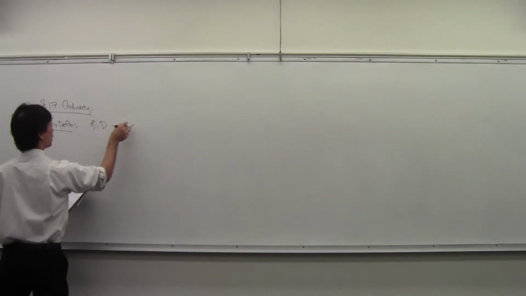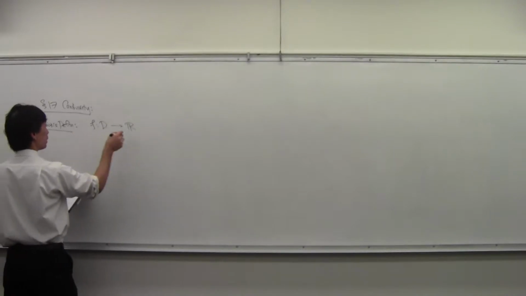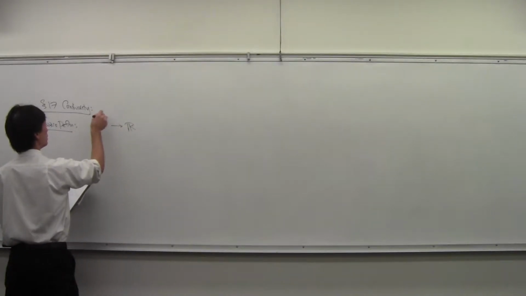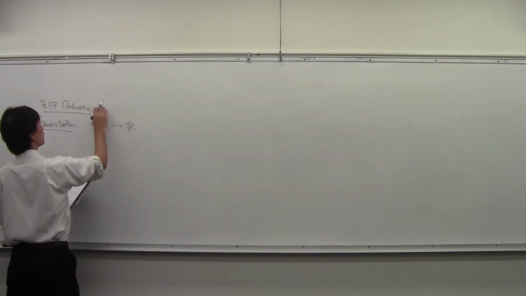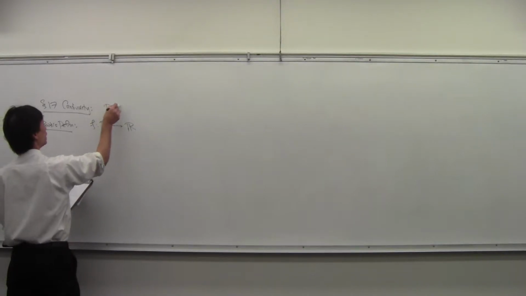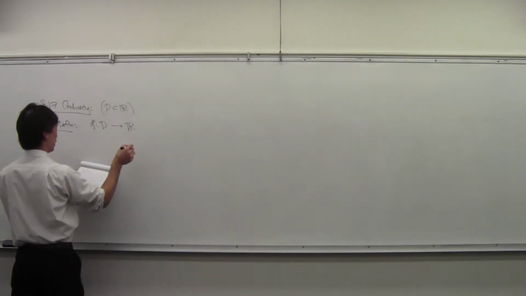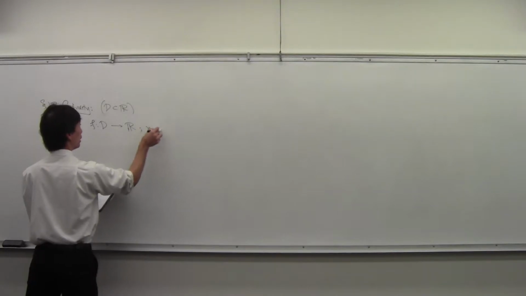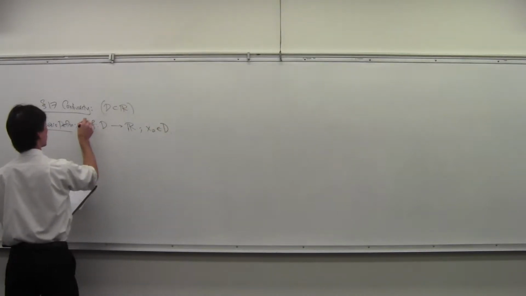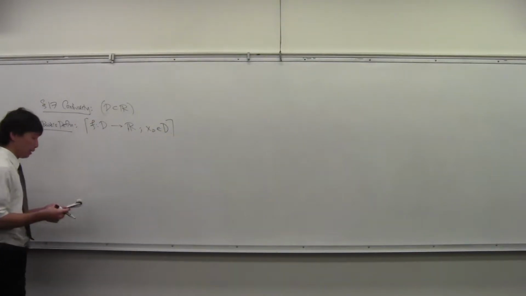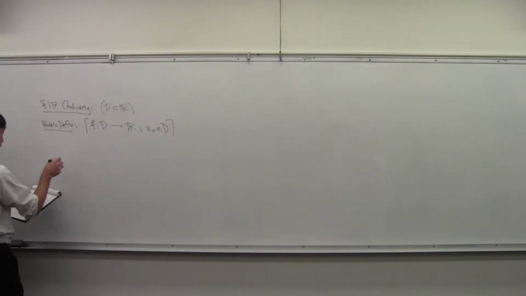Say you have f on some domain. This is some domain, and this domain is contained in R, right? And you have some point x naught in your domain. Okay. So there's two parts to this.